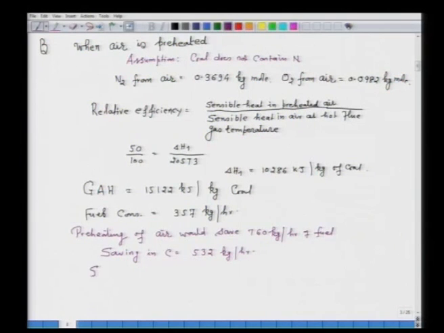So, saving in carbon per day will be equal to 532 into 20, that will be equal to 10,640 kilogram per day. Now, mind you, here I have assumed that the furnace operates only for 20 hours, not for 24 hours. That is why I multiply by 20.